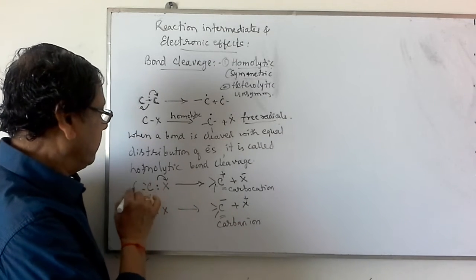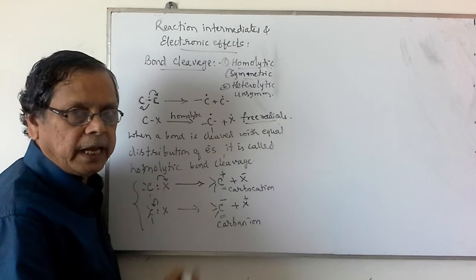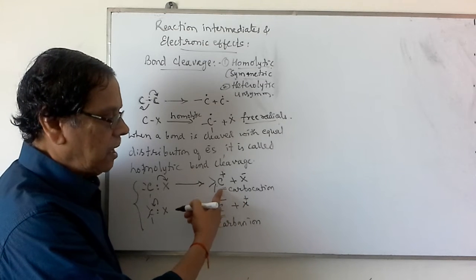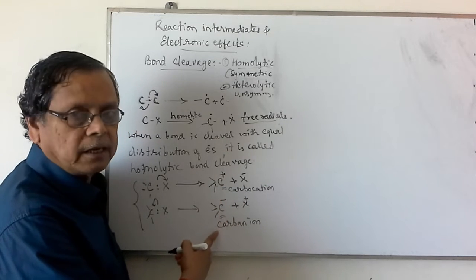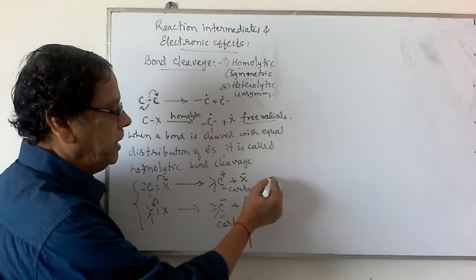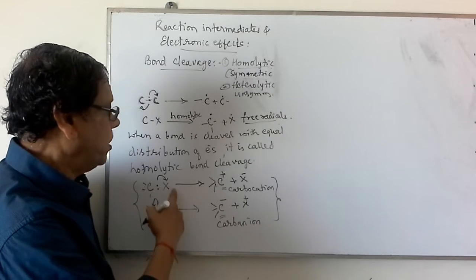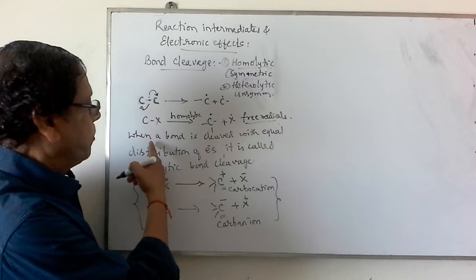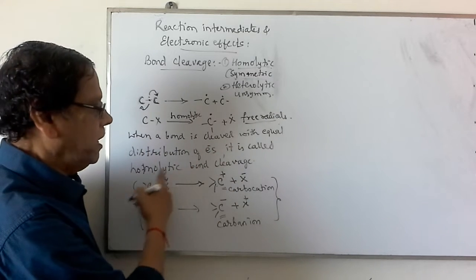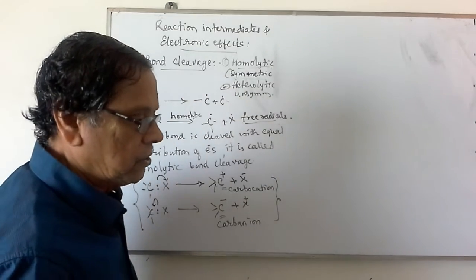So heterolytic bond cleavage takes place with the unequal distribution of the electrons, so that either the positive charge on the carbon or negative charge on the carbon will be produced along with the other ion. So intermediates produced are always ions when the heterolytic bond cleavage takes place. When a bond is cleaved with unequal distribution of the electrons, it is called heterolytic bond cleavage. We can just write the definition.